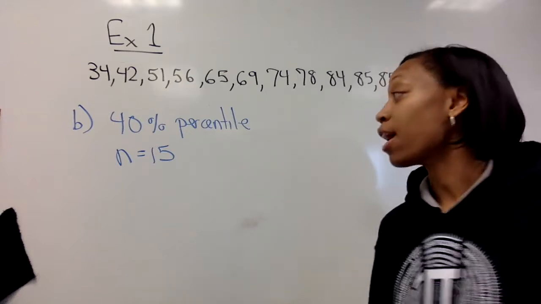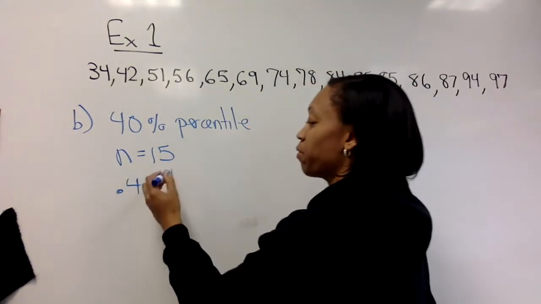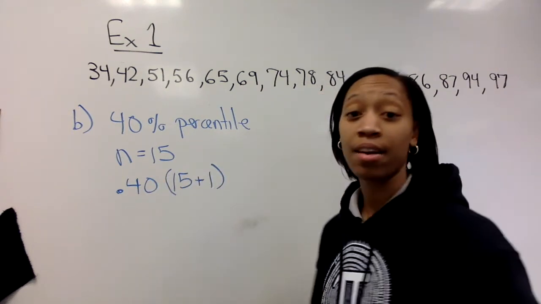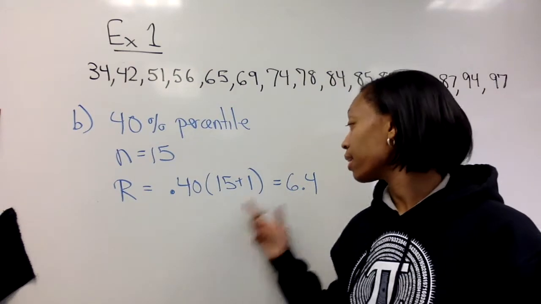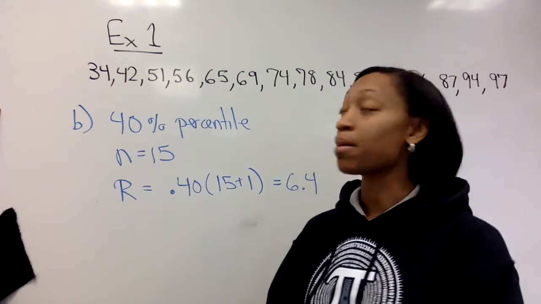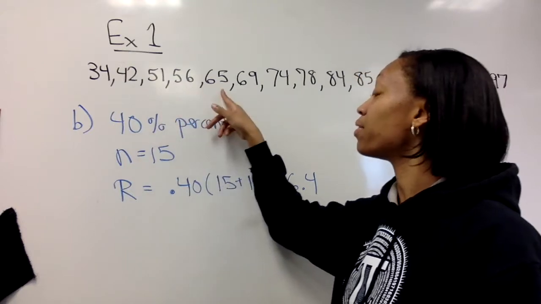We're going to multiply 40%, so that's 0.4 times 15 plus 1. This is going to give me my rank. Okay, the rank that I get is 6.4. That means that I can't just count to the sixth item, 1, 2, 3, 4, 5, 6.